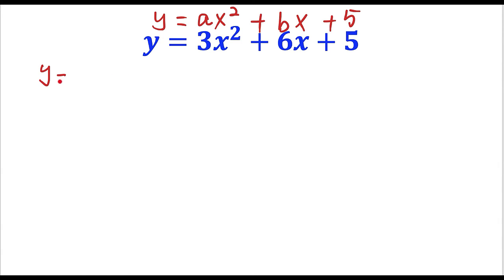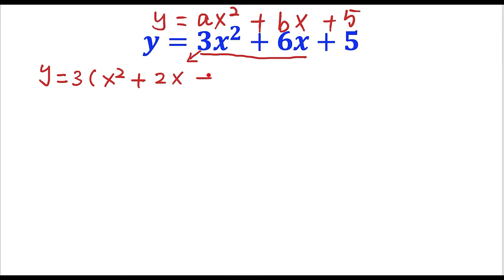Remember we only need the first two terms, but this time the first coefficient is not 1 anymore, it's 3. So first step, we need to factor 3 out. The first term would be 3x squared divided by 3, it's x squared. Then plus 6x divided by 3, it's 2x.